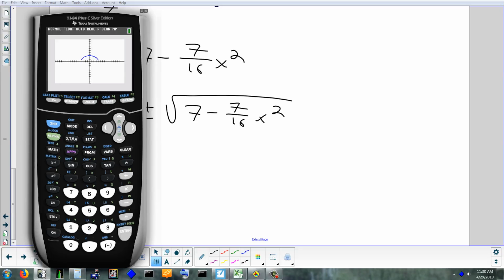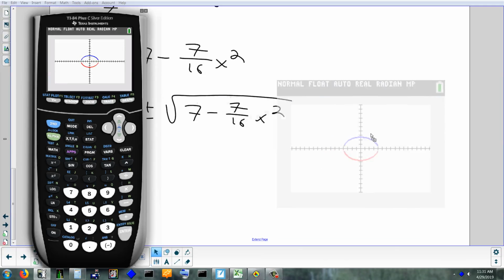Because the calculator can't really sketch an ellipse because it fails the vertical line test. But you can kind of cheat and do the top half and the bottom half separately, like I'm doing right now. And it doesn't even really connect. I mean, it should connect, but with this calculator I can't really do it any better than that.